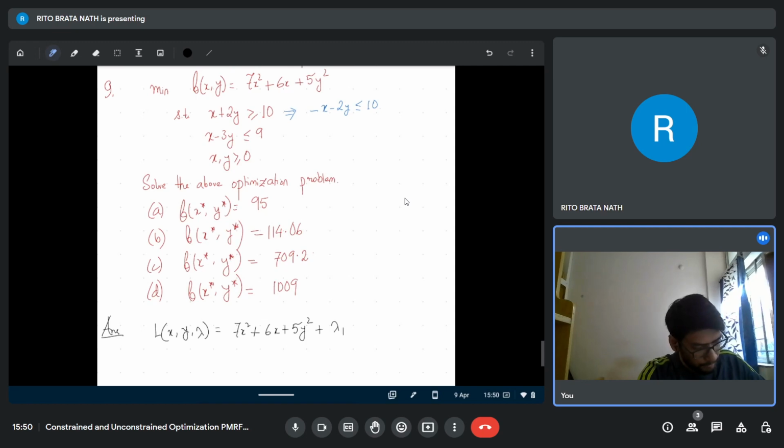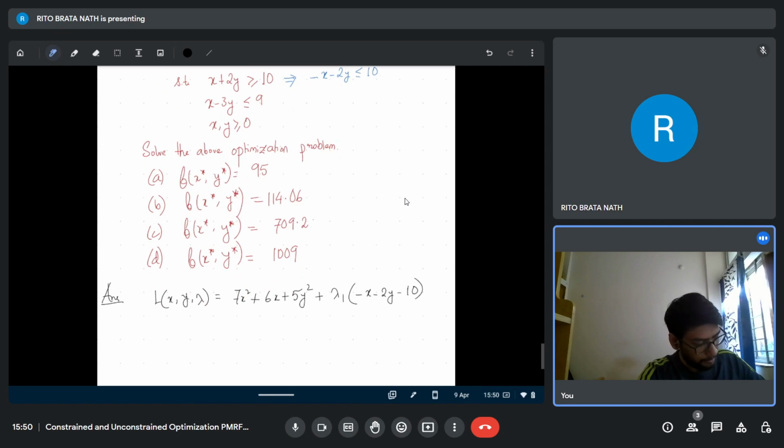So it's lambda 1 times, you can directly apply this, x minus 2y minus 10, and plus lambda 2 times x minus 3y minus 9, and x and y greater than or equal to 0. I'm not writing that down.